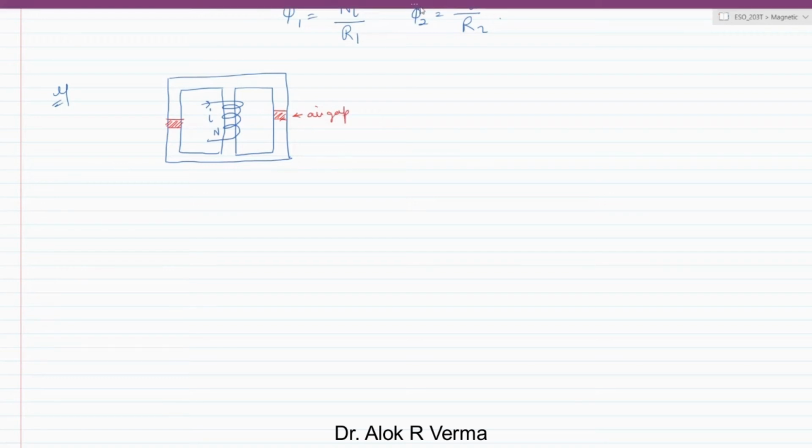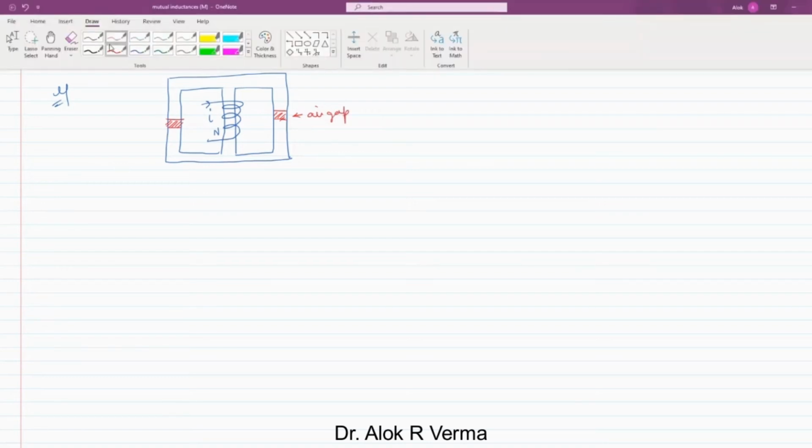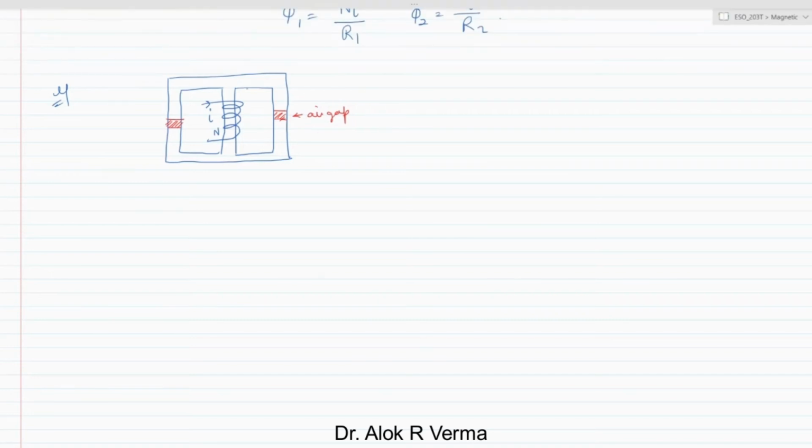Now in such cases also you can find the electrical equivalent circuit, and then what is the flux which is flowing, and how the flux gets divided into phi 1 here and phi 2 here, with the total flux phi and the reluctance. Such calculations you can always make.